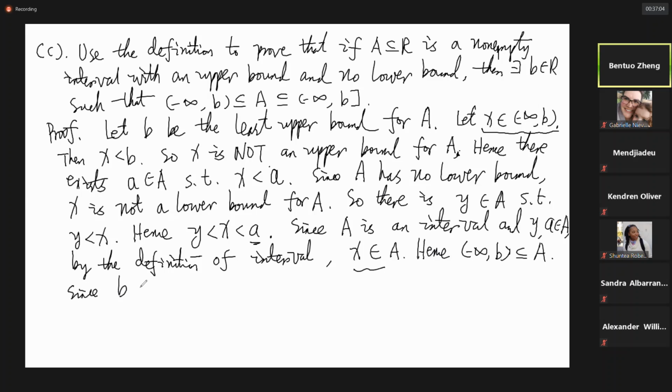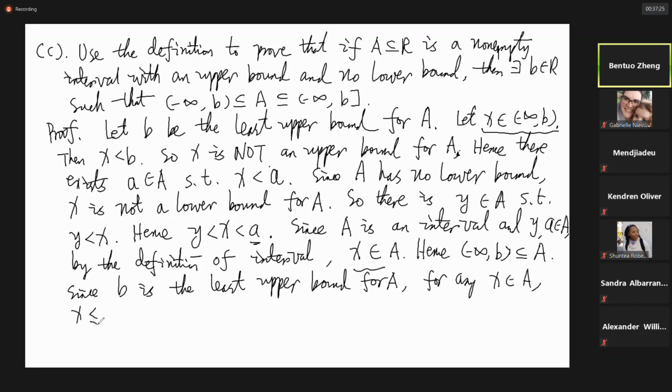Since B is the least upper bound for A, for any X in A, we know that X is less than or equal to B. So X belongs to negative infinity to B. Therefore, A is contained in negative infinity to B, with B closed.